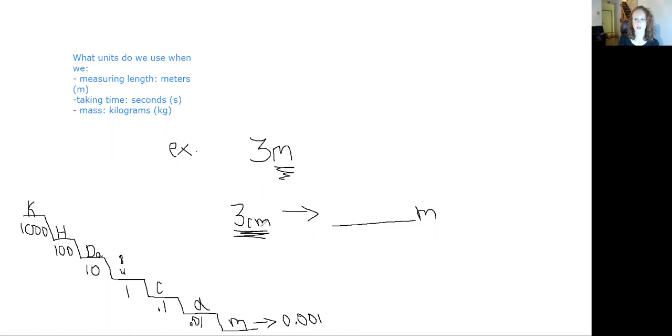If we want to convert 3 centimeters into a meter, we are going to start from a centimeter, which is right here, and we want to move to a meter. The meter is going to be a base unit. It's 1, okay?